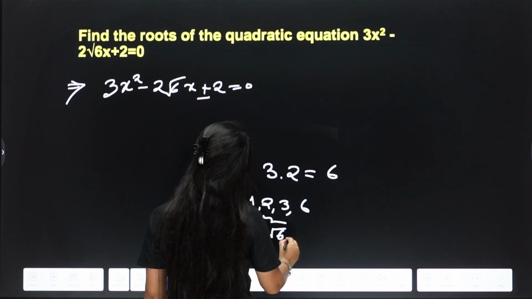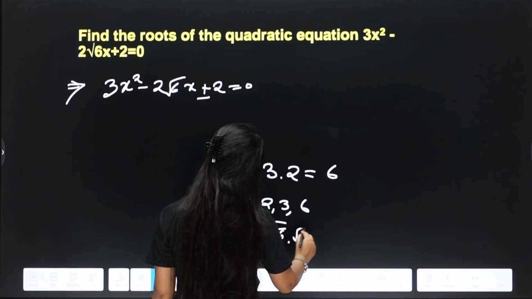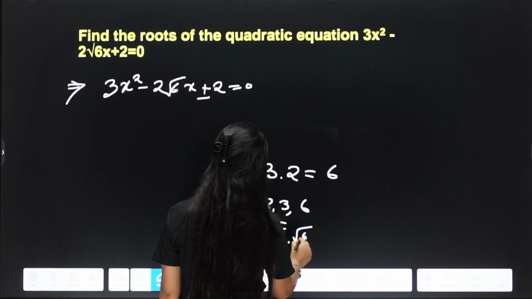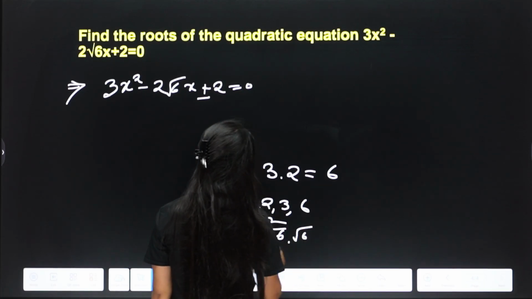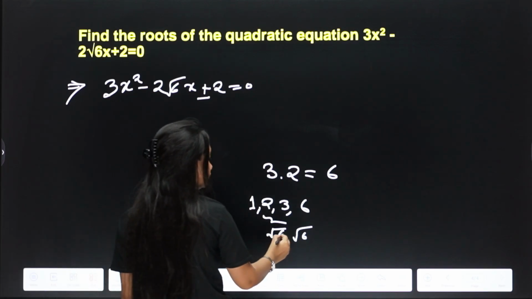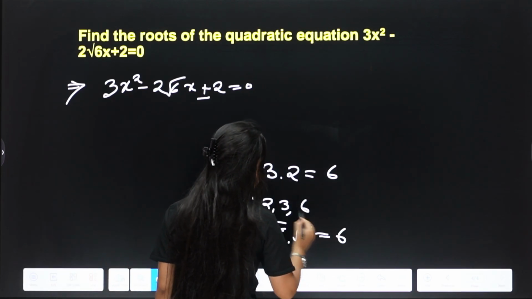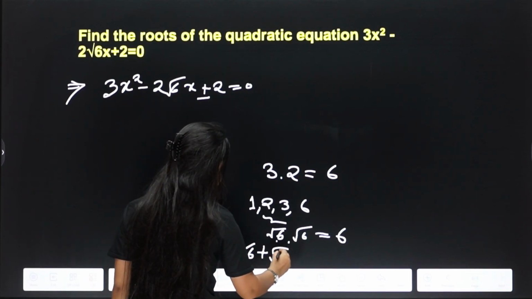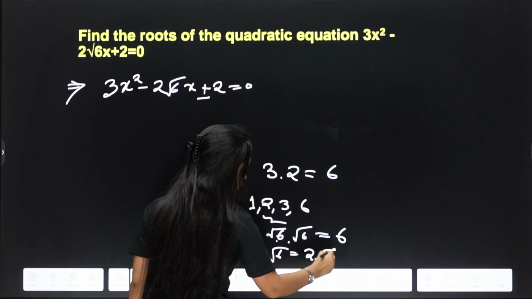Root 6 into root 6. You can see that if we multiply root 6 into root 6 it is equal to 6, so we can write it as root 6 plus root 6, that is equal to 2 root 6.